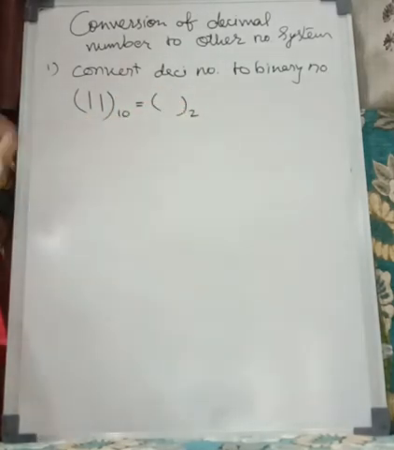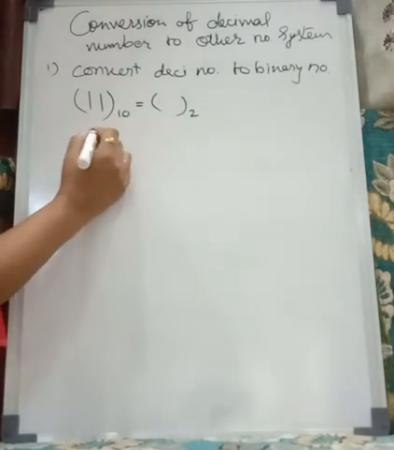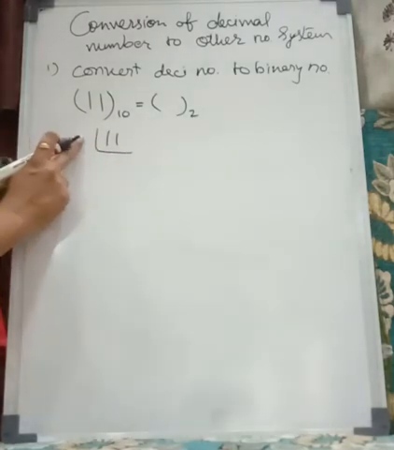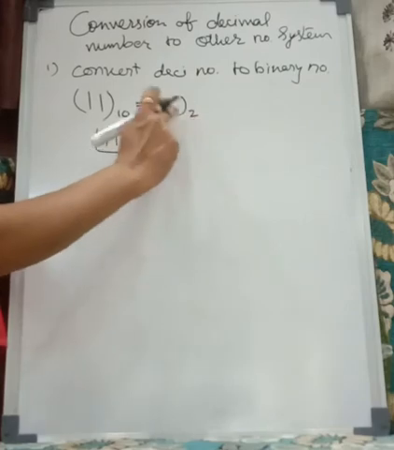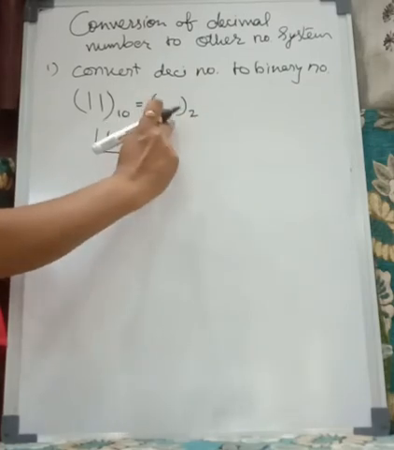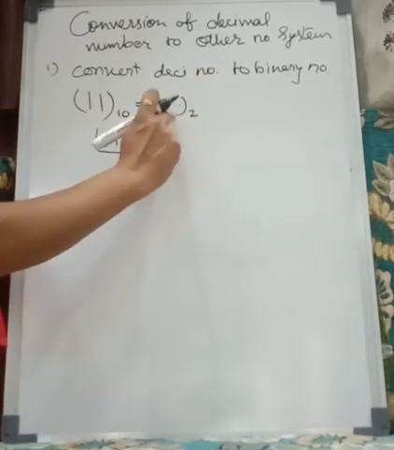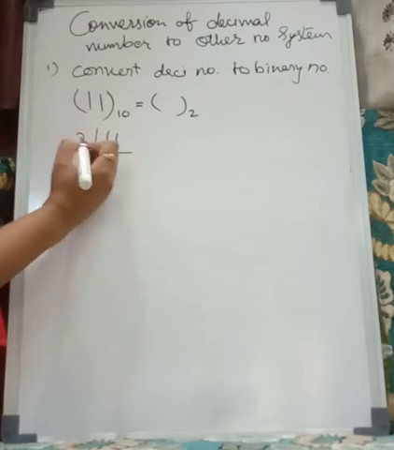You just need to write 11 and divide this number by the base of the system to which we need to convert. So this will be divided by 2.